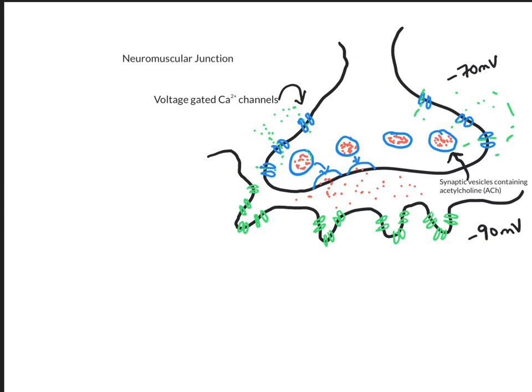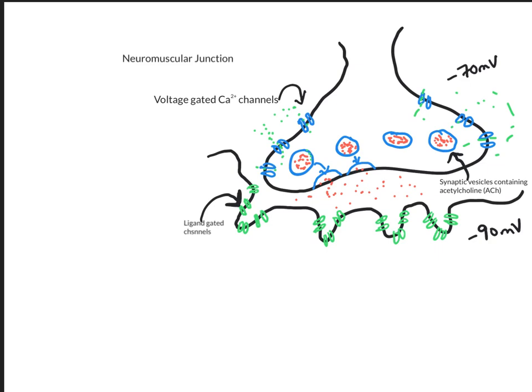So now acetylcholine's in the synaptic cleft, and we have another set of ion channels here. Okay, so here's some more ion channels, but instead of being voltage gated channels, these channels are ligand gated channels, and the ligand that binds to these channels is acetylcholine. So these ligand-gated channels respond to a ligand binding them in order for them to open, rather than a voltage change.